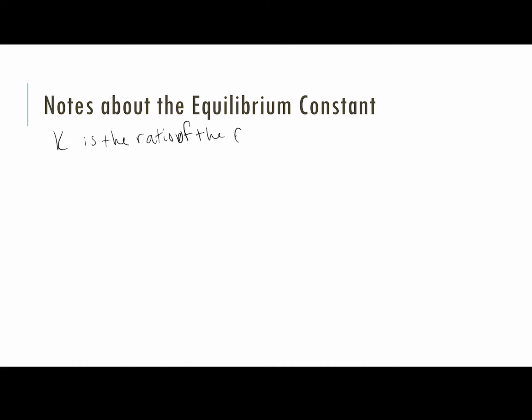So we talked about this in our first lecture, but just remember that K is equal to little kf divided by little kr if you have an equilibrium. Okay. Our concentration of our products is in the numerator, concentration of reactants is the denominator.